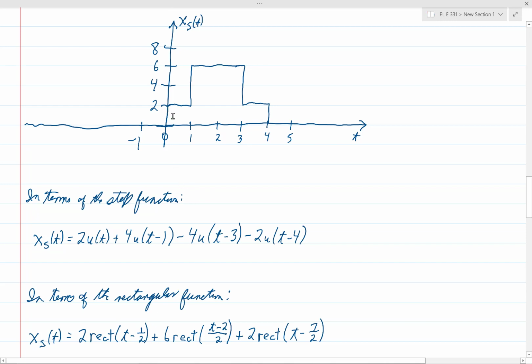Now this rectangle from 0 to 1 has a width of 1. It is centered about 1/2, and it has a height of 2. So that would be 2 times the rectangular function of t minus 1/2.